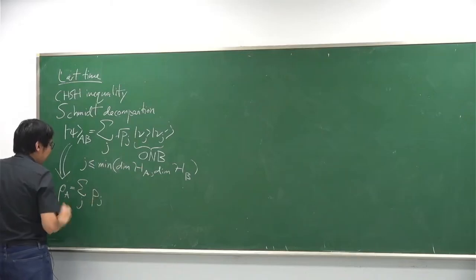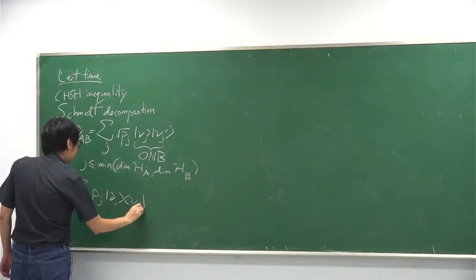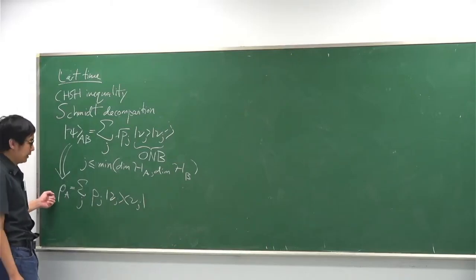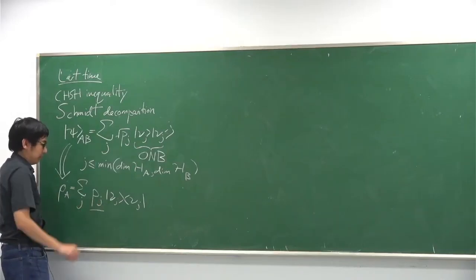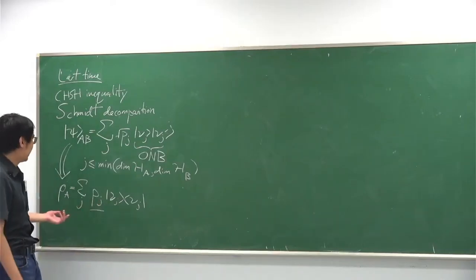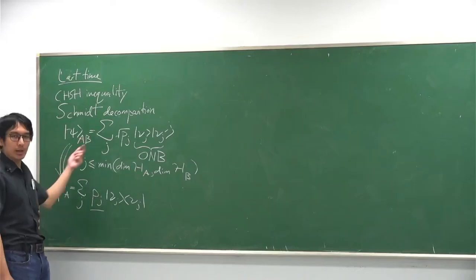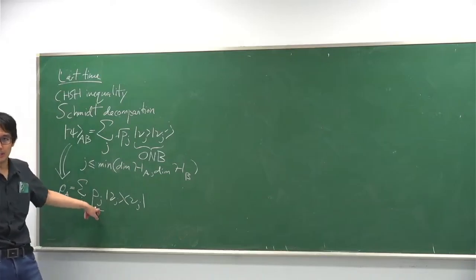For example, the reduced density matrix of party A would just be this, and you can see that whether I reduce it to system A or B, the spectrum, the eigenvalues here, will still be the same.